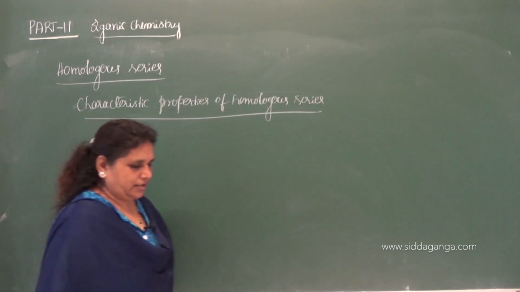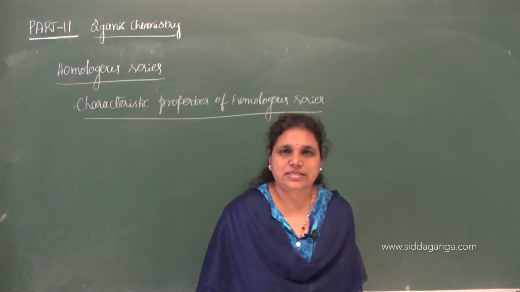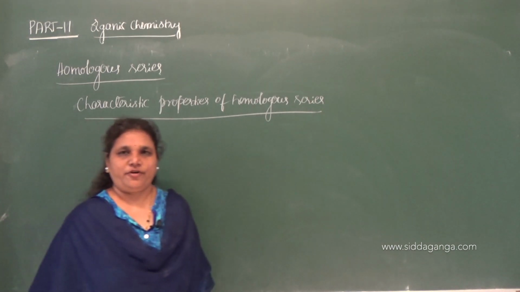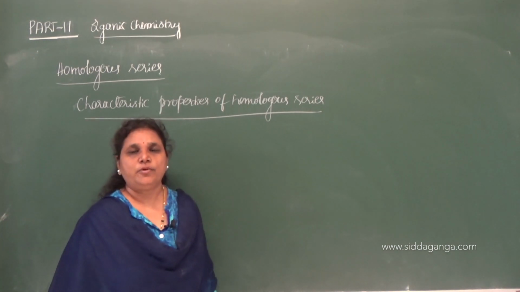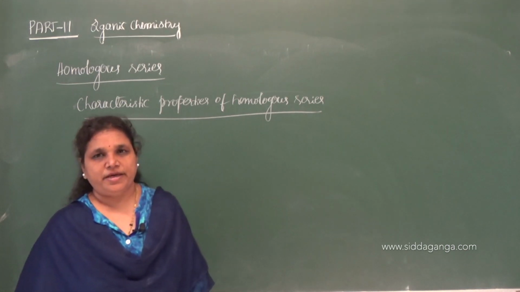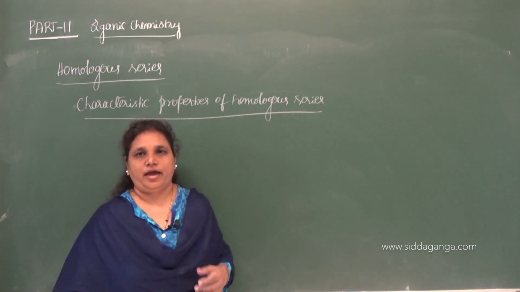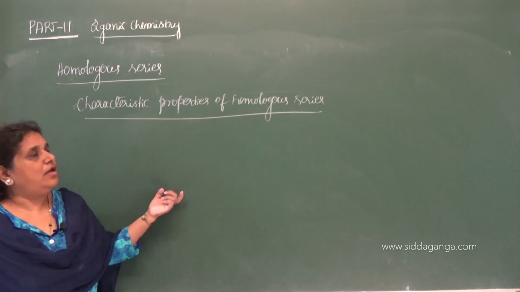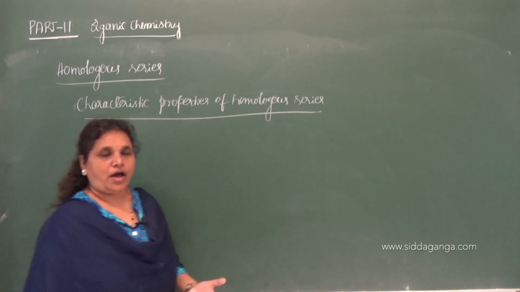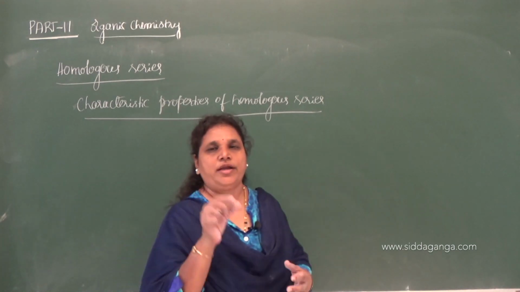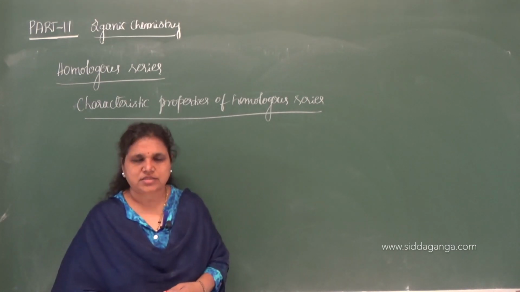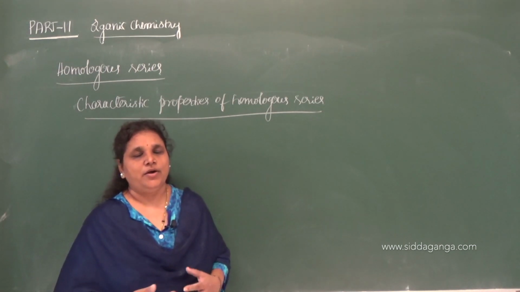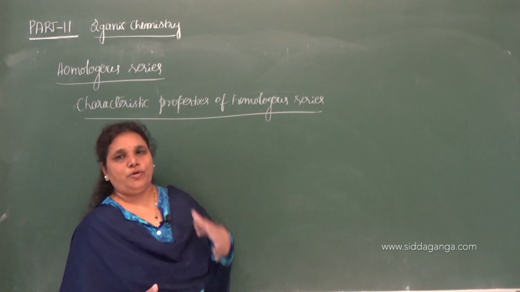The question will be like this: what are homologous series? It is a 2 marks question. Give an example. You have to define a class of organic compounds which can be represented by a single general formula and having the same functional group are called a homologous series. As an example, you can give the alkane series. Just add the word series: alkene series, alkyne series, alcohol series, aldehyde series. All these are examples of homologous series.